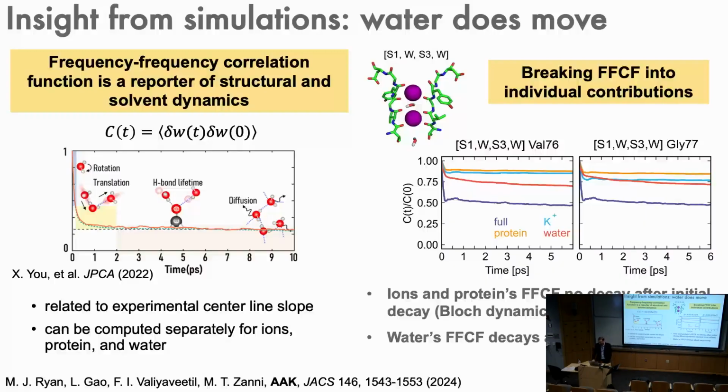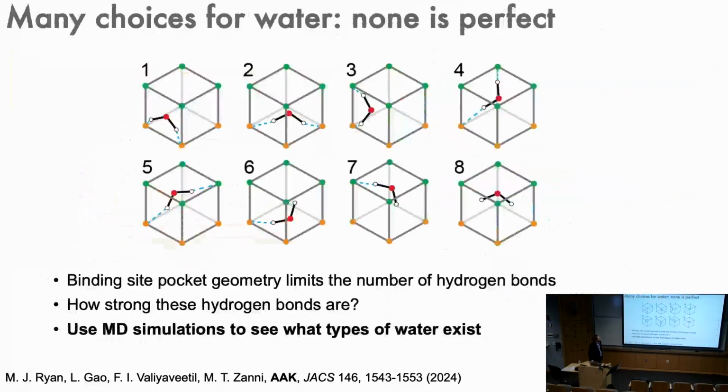So water does move, and we were interested to see what exactly water is doing there. You can come up with different ways water can arrange itself in the selectivity filter. We know that water can hydrogen bond to carbonyls, to 2, to 1, or it can just stay in the center of the binding site. We looked at all of the simulations we have, about 100 nanosecond simulations.